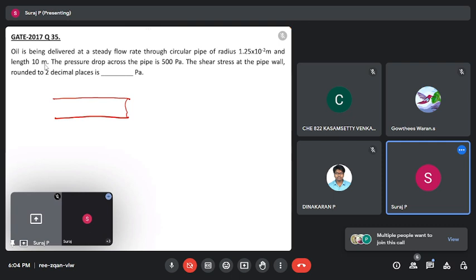This is the circular pipe with length L, and the pressure at the inlet is P1 and at the outlet is P2. If we need to calculate the shear stress, it is bounded in the wall of the circular pipe.